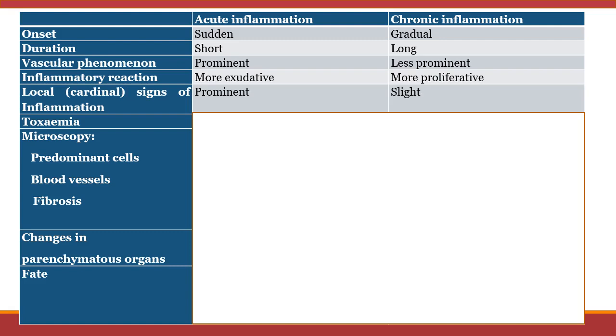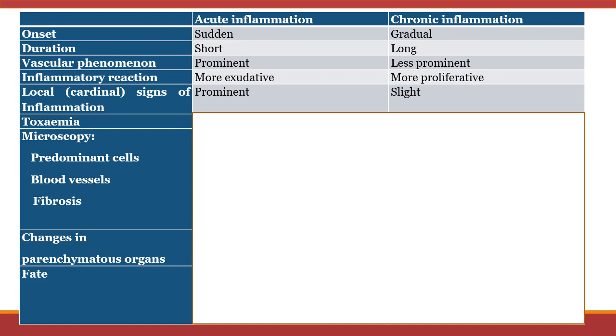Agree that acute inflammation has prominent signs of inflammation that are, as we said, redness, hotness, swelling. This is related to vascular phenomena. But chronic inflammation, as it doesn't have a lot of vascular phenomena, has subtle, little or minimal signs of inflammation.